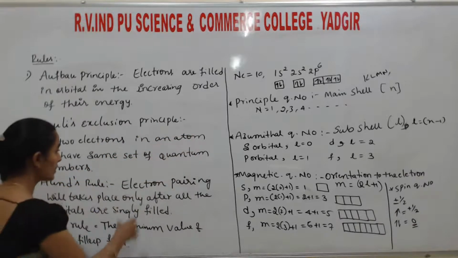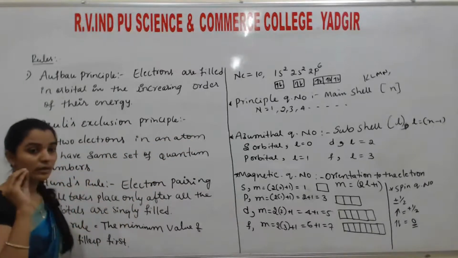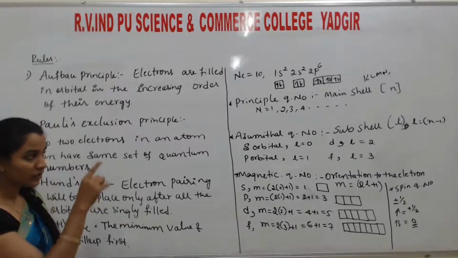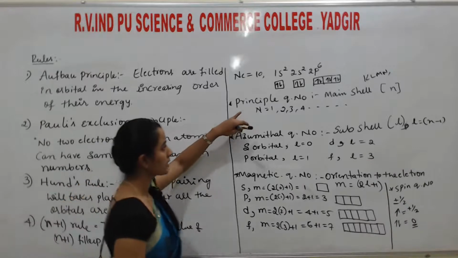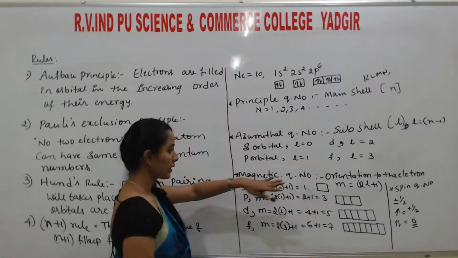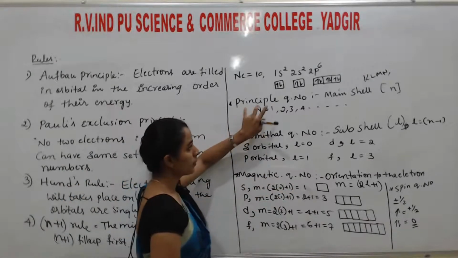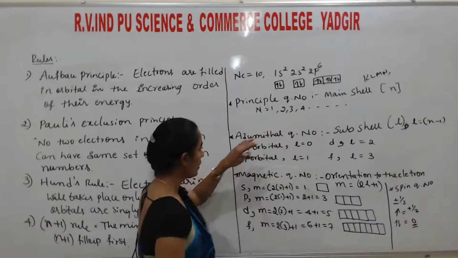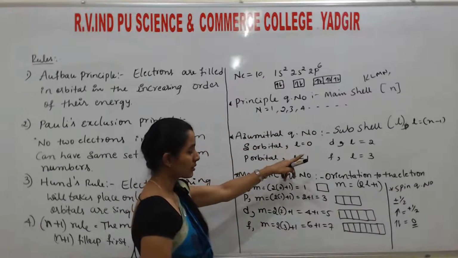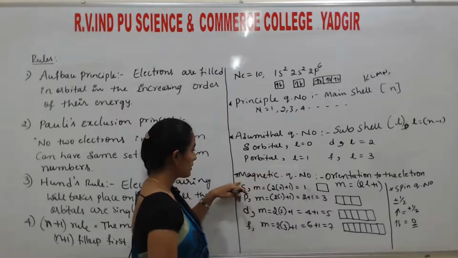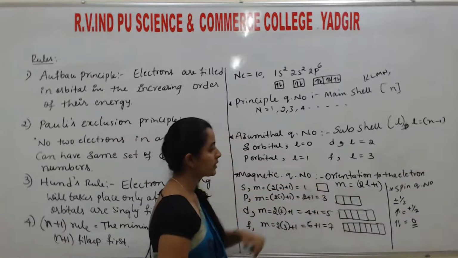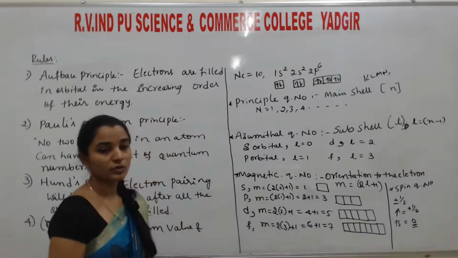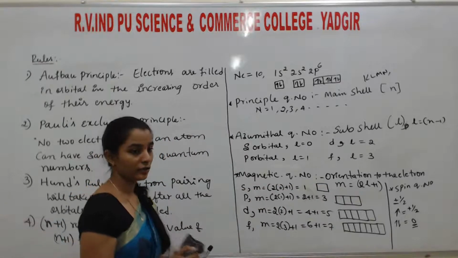I told you because I wrote quantum numbers here, I created a concept in your mind, so I explained the quantum numbers. Four types of quantum numbers are there: principal, azimuthal, magnetic, and spin. Principal quantum number shows the main shell, that is K, L, M. Azimuthal shows the subshell, that is s, p, d, f. Magnetic shows the orientation where the electrons are present. And spin quantum number shows the spin of the electron.